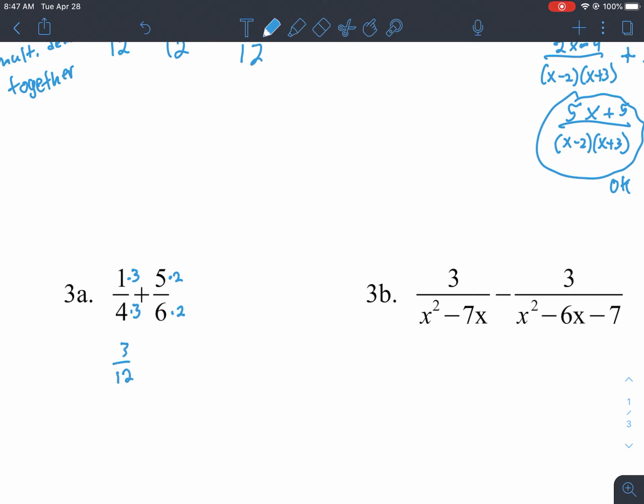So we get 3 twelfths plus 10 twelfths, which is 13 twelfths. So here we didn't use the bigger denominator, or both of them multiplied together. Case 3 was we found the smallest number that they both went into.